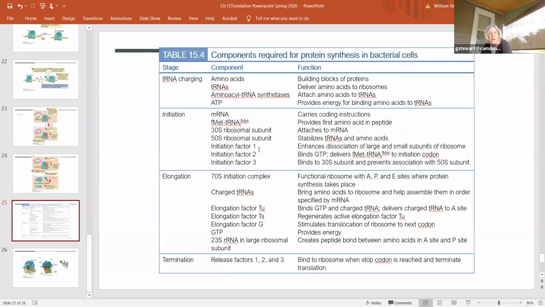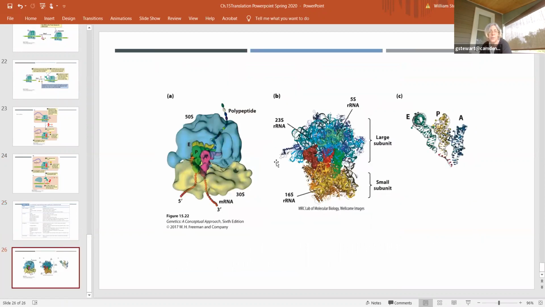I put this chart in because it's a quick summary of everything that we just went through for each of the steps: charging the transfer RNAs, initiation, elongation, and termination. And then the last one I included was a 3-dimensional picture of what the ribosome actually looks like. I thought this was kind of cool because these are 3 transfer RNAs in this particular ribosome, in the E, the P, and the A sites.